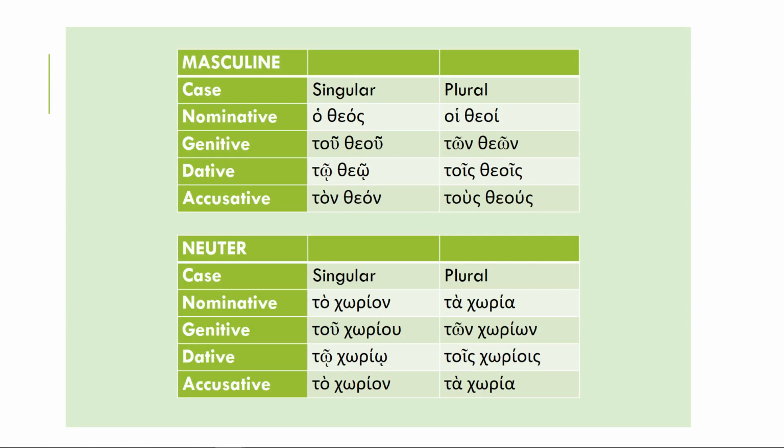So to horion, meaning, again, a form of the land, the territory, which matches to horiu, to horio, matches the nominatives, endings, and articles, and then to horion again. So how do you tell a nominative from accusative? You have to distinguish them from context. That's the only way you can do it. Ta in the plural, that's usually the mark. Even in the third declension, you usually get a ta, an alpha in the nominative and accusative plural of a neuter, or sometimes an eta.